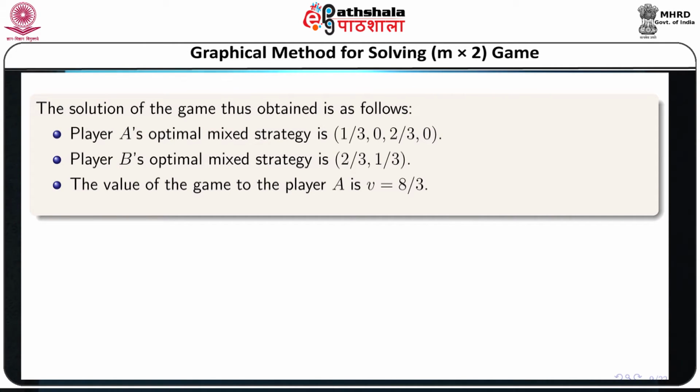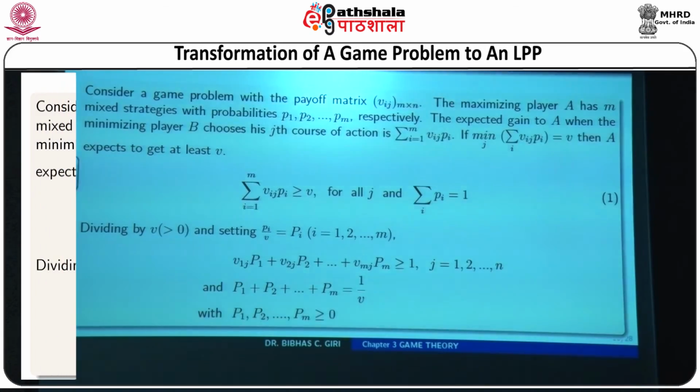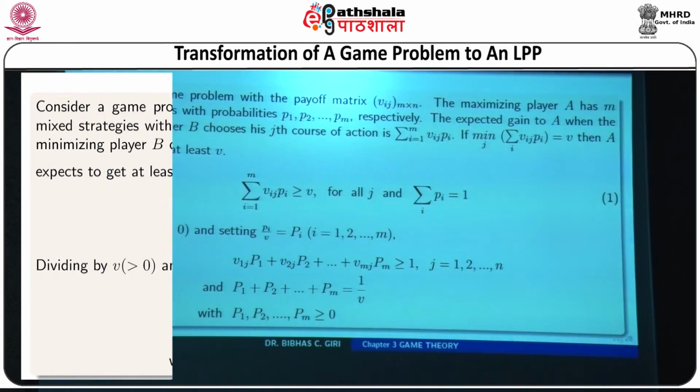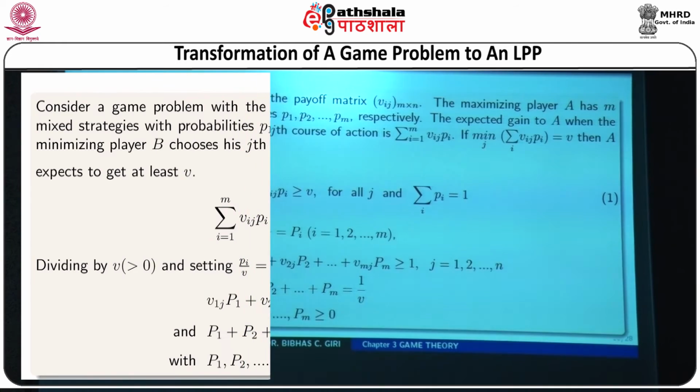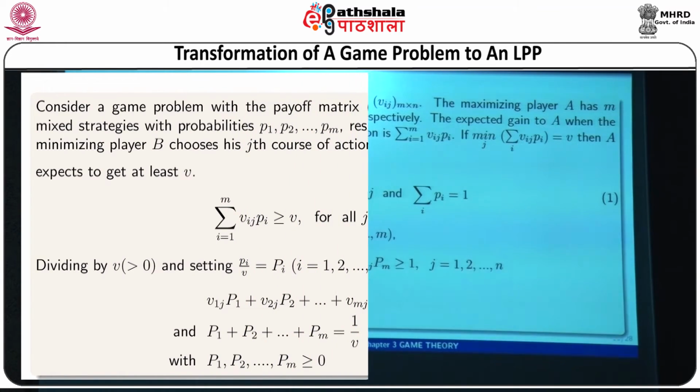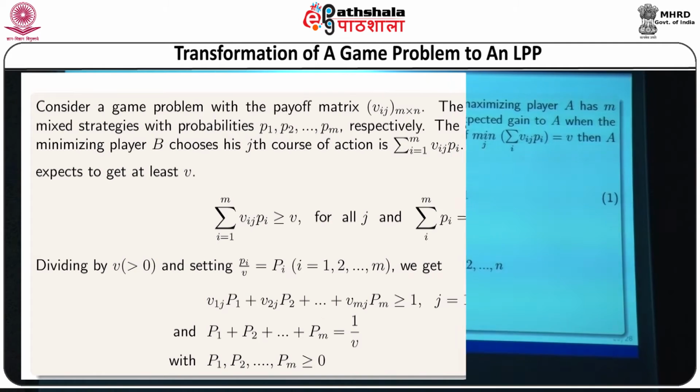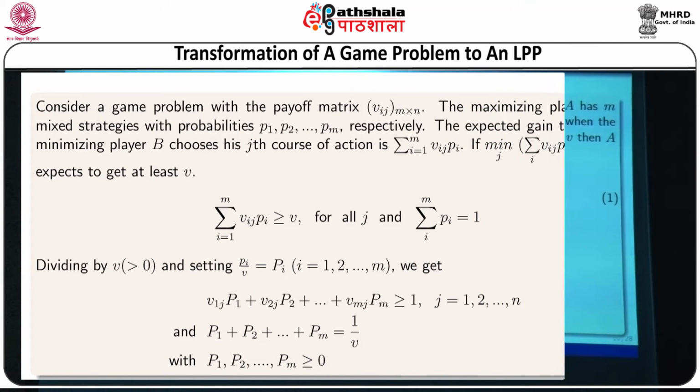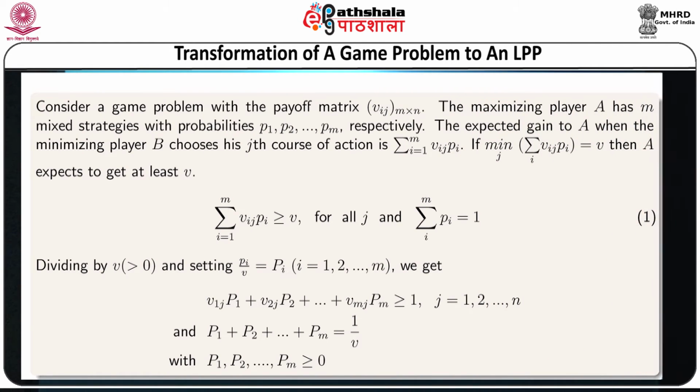Now, we proceed to see how a game problem can be transformed into an LPP. In fact, every finite two-person zero-sum game can be expressed as a linear programming problem, and conversely every linear programming problem can be represented as a two-person zero-sum game.